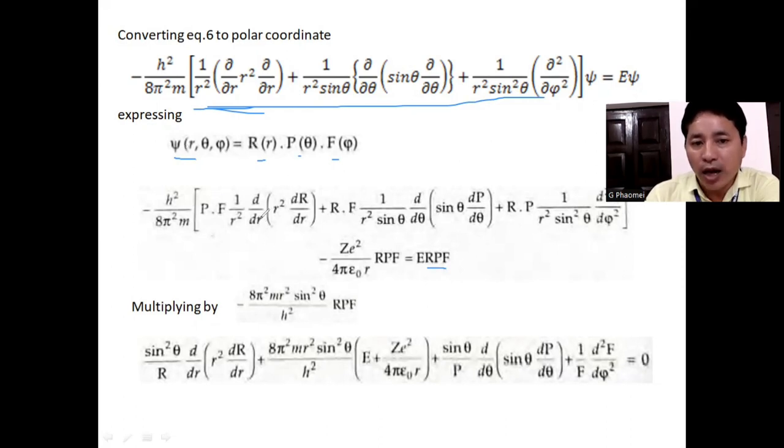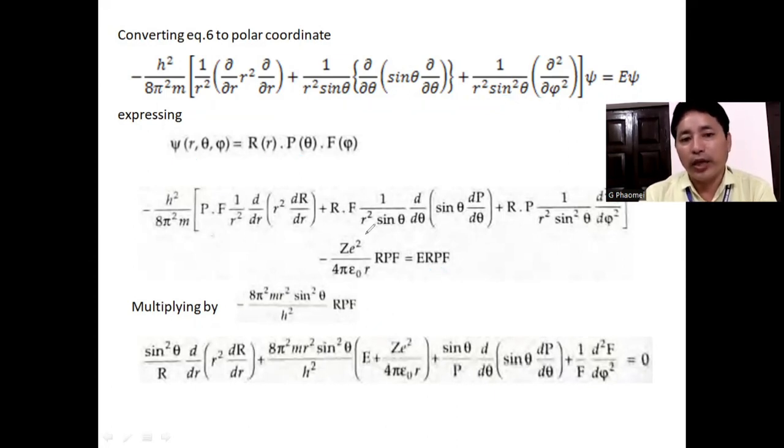We know that the R part is a function of r only, and P is a function of theta. So we can separate these three, and to simplify it by multiplying, you can do it in your own way, that is, how you can separate theta, r and phi into separate parts. In a simple way, if you multiply these equations by this value, surely this portion will be gone.